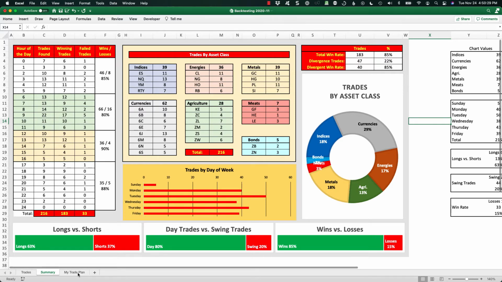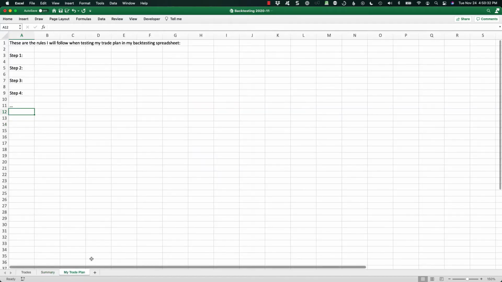All right. And if you haven't already done so, you can, on this third tab, type out your trade plan. And it literally has to be step by step by step, because if you don't have a consistent way of placing trades, you won't have a consistent way of testing those trades. For instance, okay, at step one, I need to determine my trend. I'm only gonna trade if it's an uptrend or a downtrend.